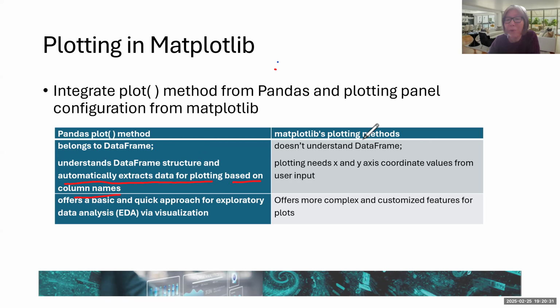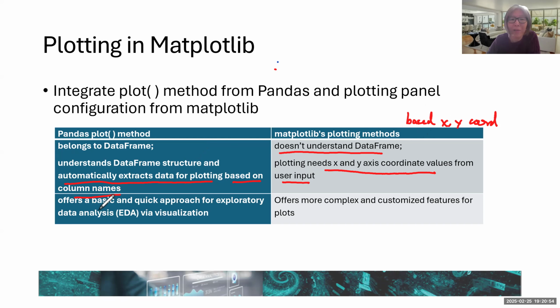This is a nice part. For Matplotlib, it doesn't understand DataFrame because it's purely based on X, Y coordinates. So the plotting needs X, Y coordinate values from us, so we need to provide that.